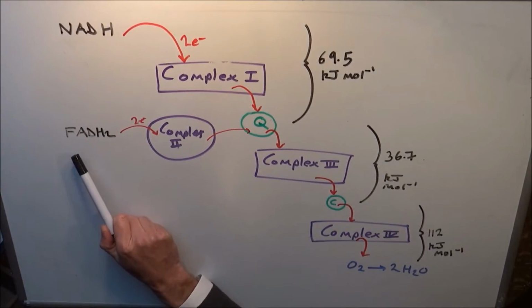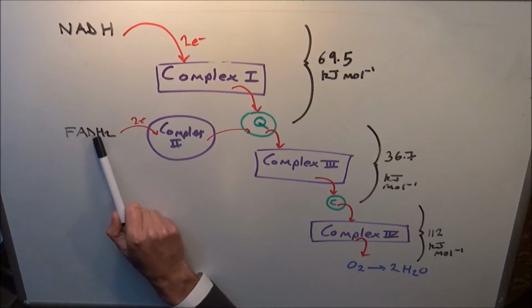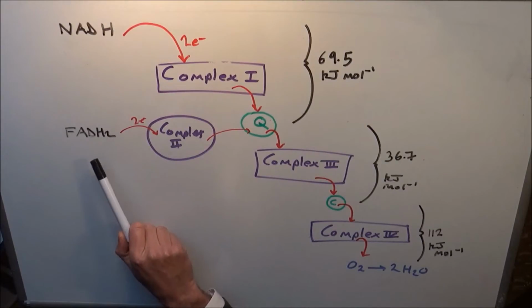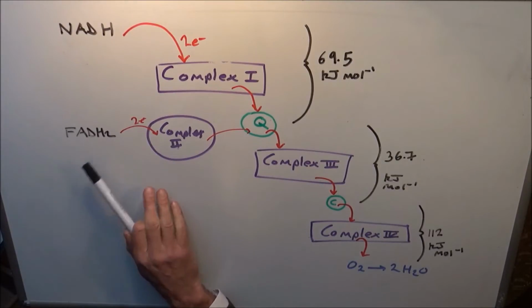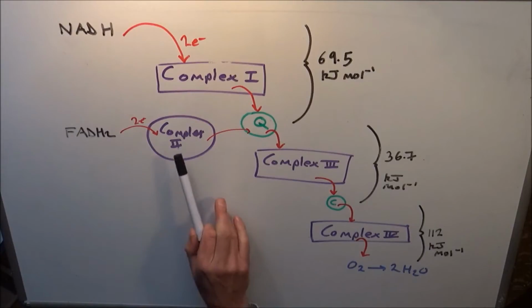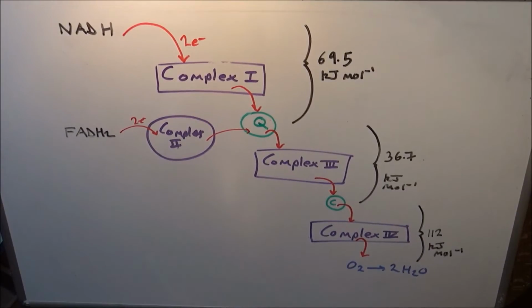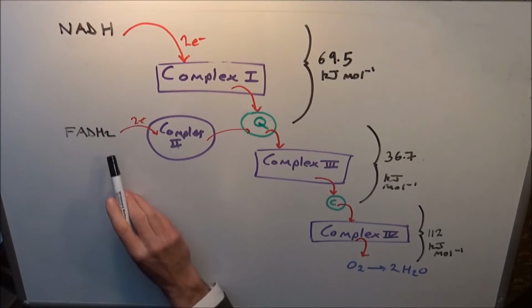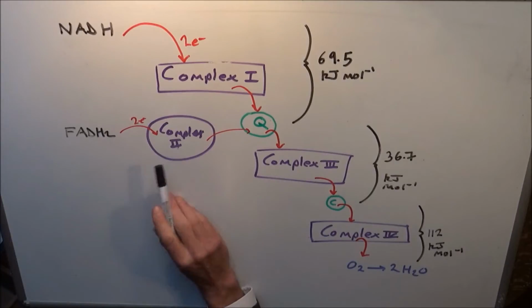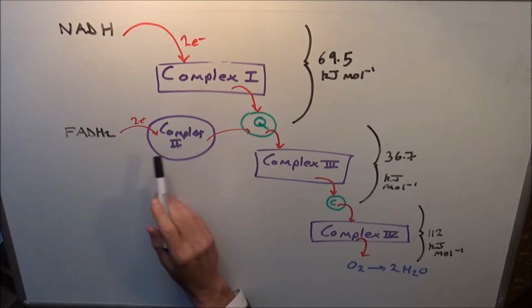Only 2 FADs are reduced, and this occurs in the Krebs cycle. And one of the enzymes in the Krebs cycle, succinate dehydrogenase, is associated with this complex 2 on the inner mitochondrial membrane.